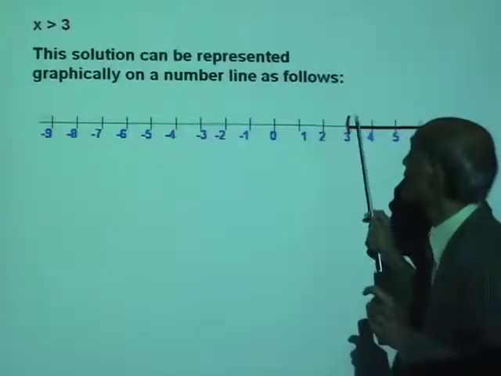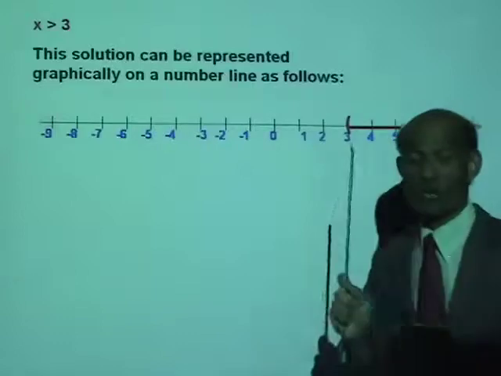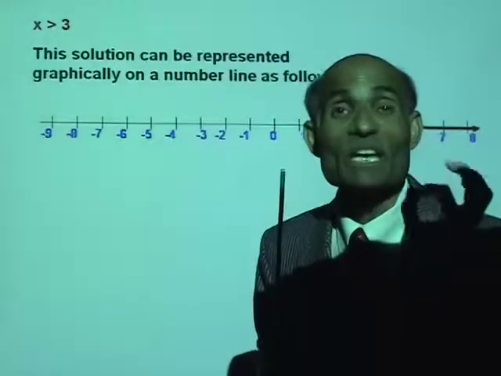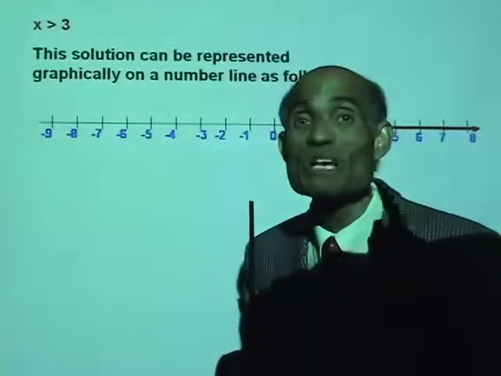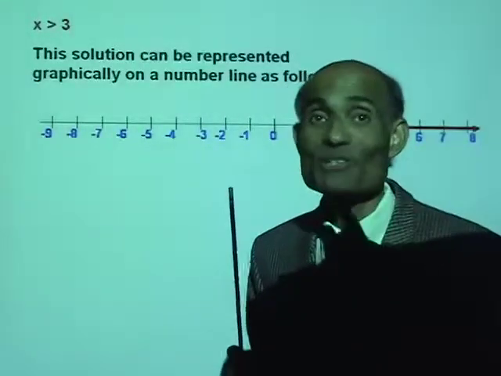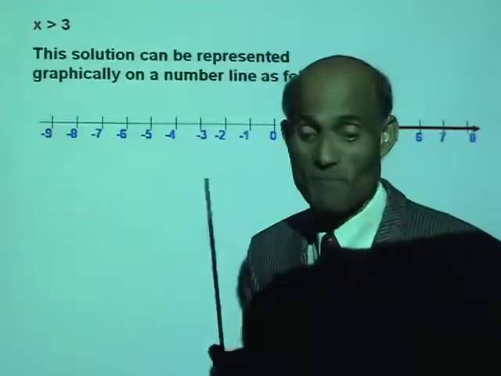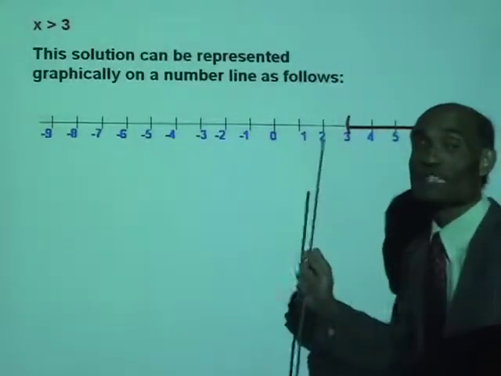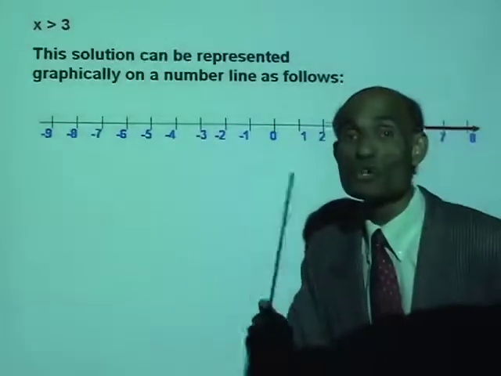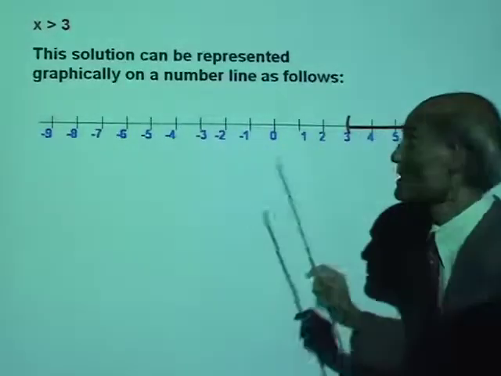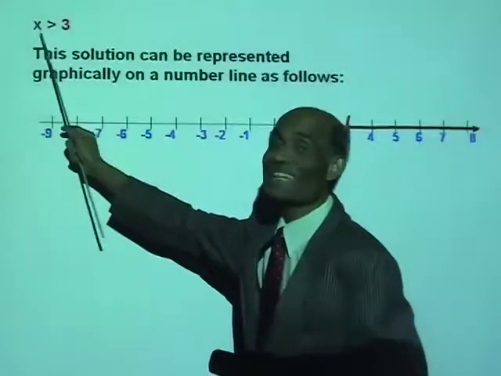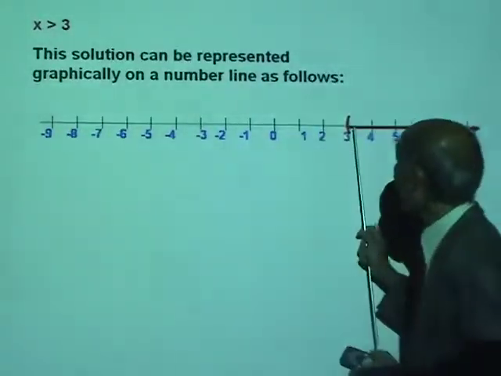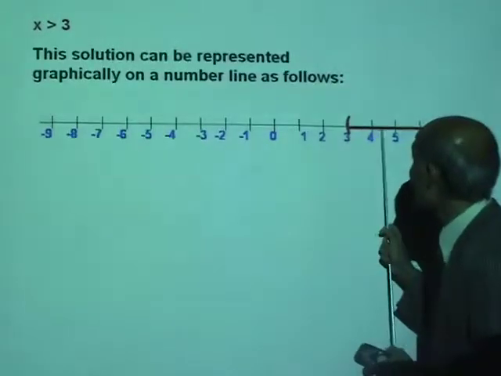And that is the reason why we put a parenthesis. When you put a parenthesis on a number, it means that number is not part of the solution. You understand that? When a parenthesis is placed on a number, it tells you that that number is not part of the solution.